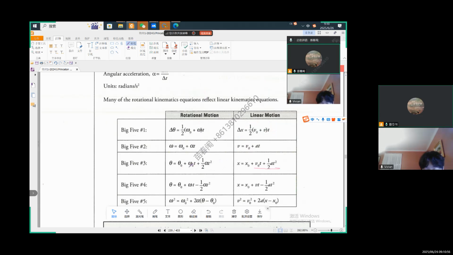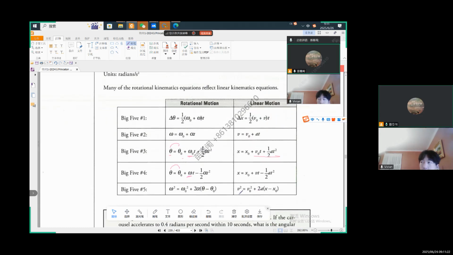You just change everything about v into omega, and x into theta. Does that make sense? This minus this is basically delta x or delta theta. This one is sometimes difficult to remember, but easier for some calculations.